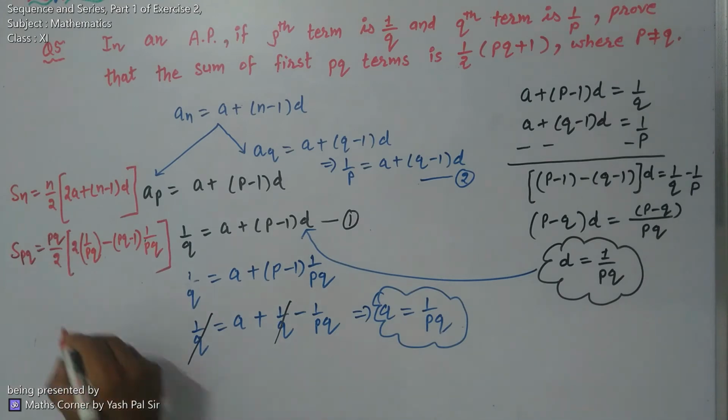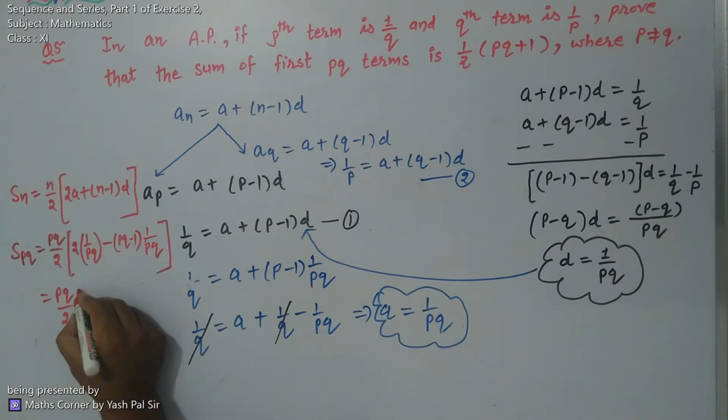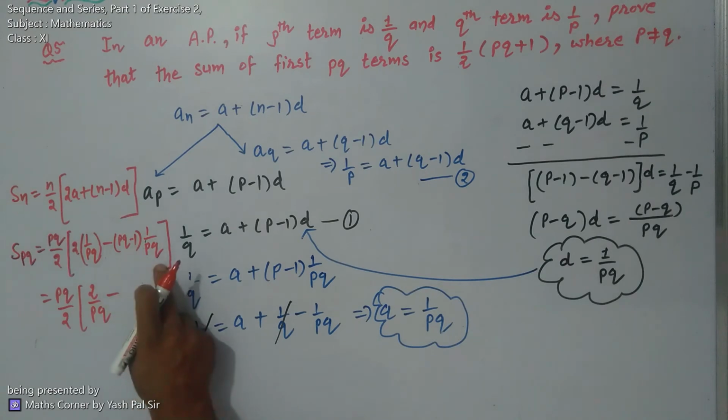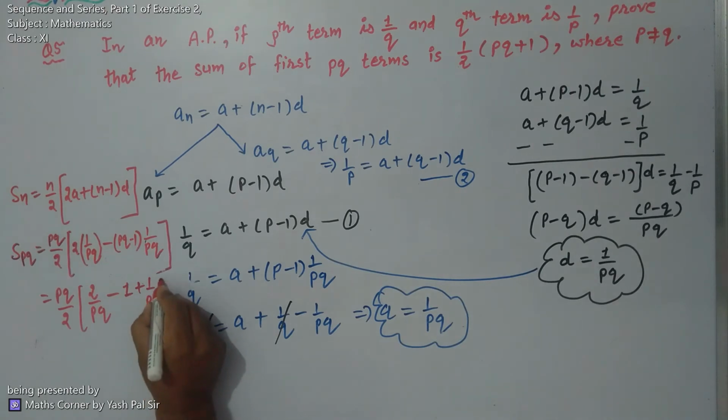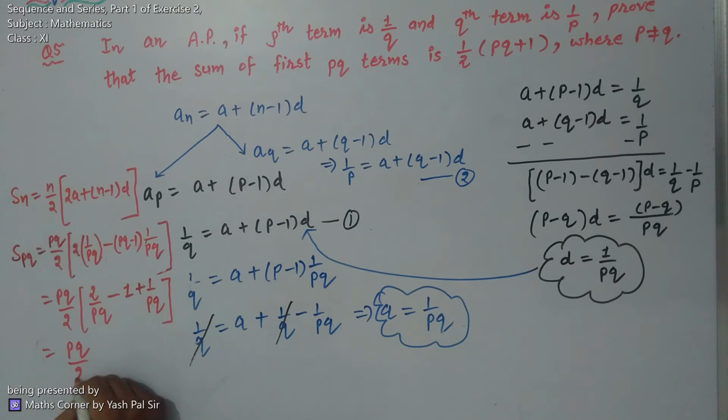Solving this, it is equal to pq divided by 2 upon pq minus pq upon pq, which is 1, minus into minus plus 1 upon pq. So here, pq divided by 2, the LCM is pq.